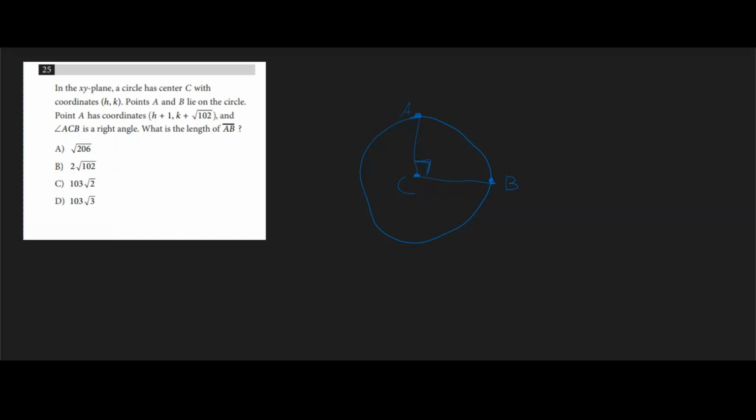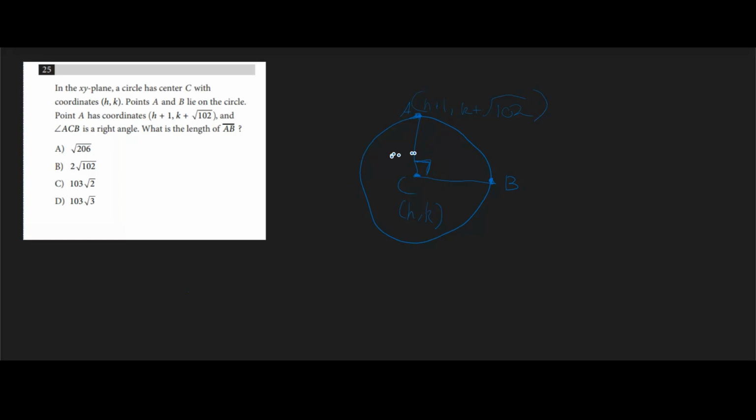They also tell us that C is the point h, k, and A is the point h plus 1, k plus root 102. So this is what we know.